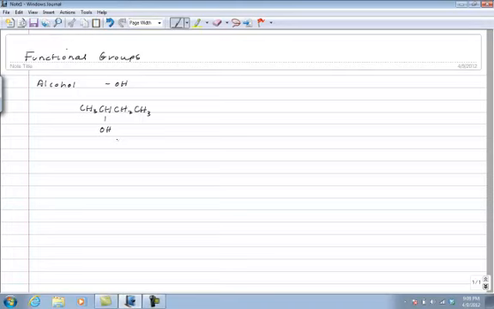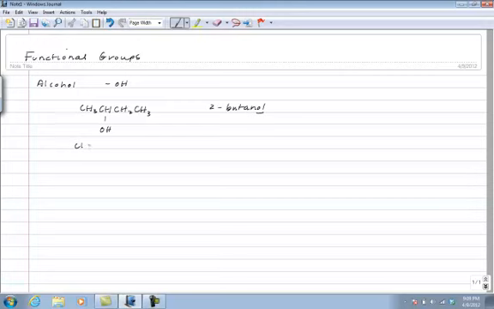Notice I said butanol because I knew this is an alcohol, and all alcohols end in OL. This is actually 2-butanol because 2-butanol means that the OH is off the second carbon. It is possible to have the OH on the end, and that would be 1-butanol, but in this case this is 2-butanol.